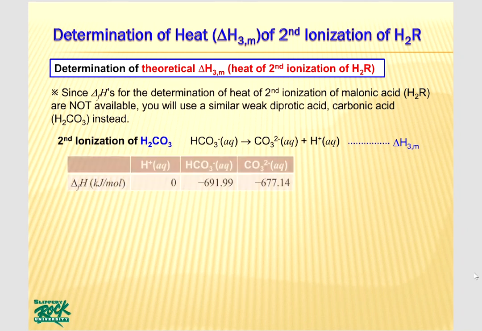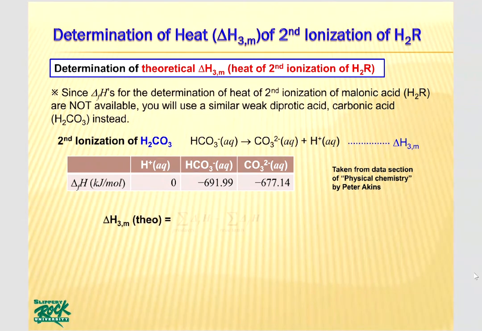The formation enthalpies of the reactants and products of the reaction can be found in the data section of your PCHEM textbook. The reaction enthalpy is simply the sum of formation enthalpies of products minus the sum of formation enthalpies of reactants.